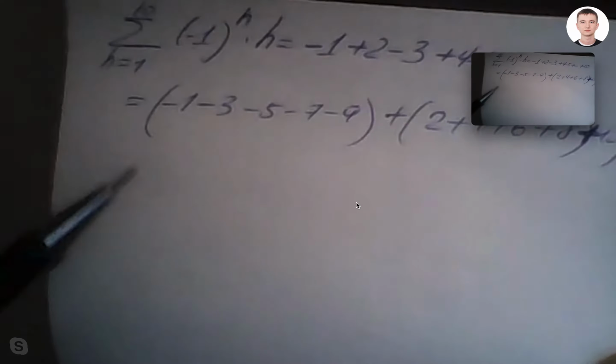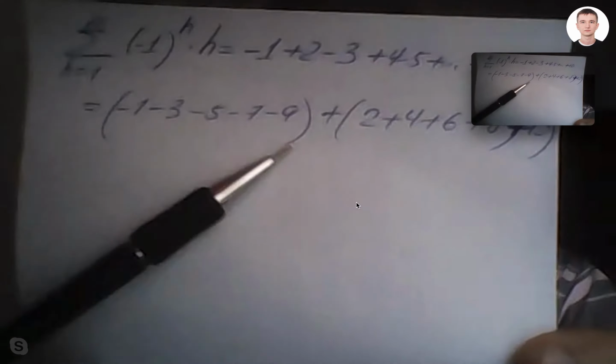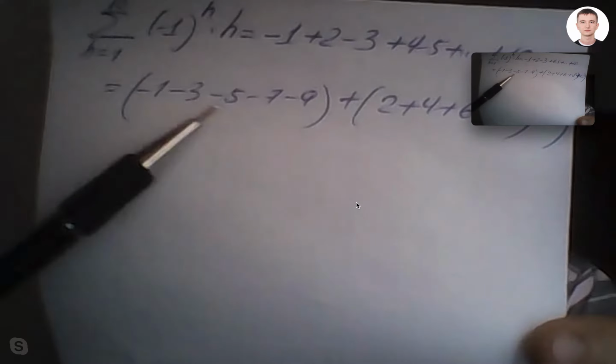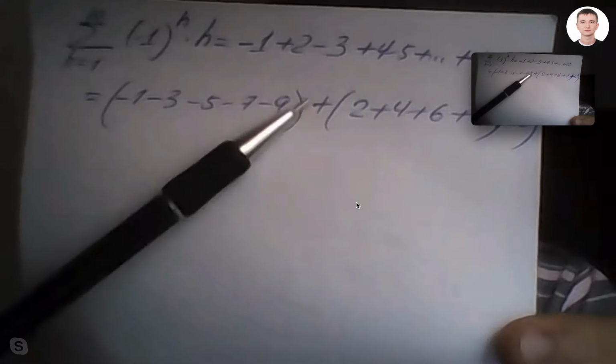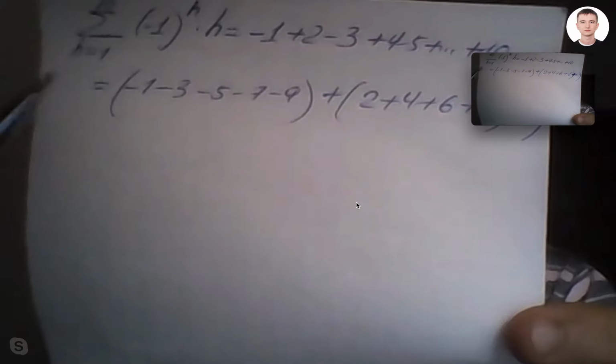Okay, what we need to do is find the sum of the terms in the brackets separately and then add them together. So we apply the formula for the sum two times.